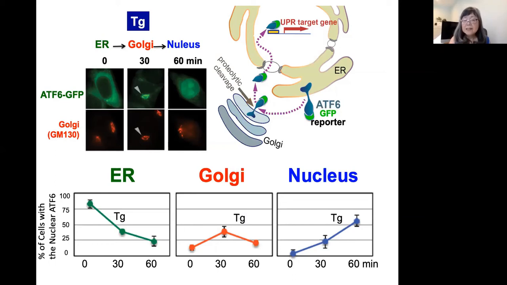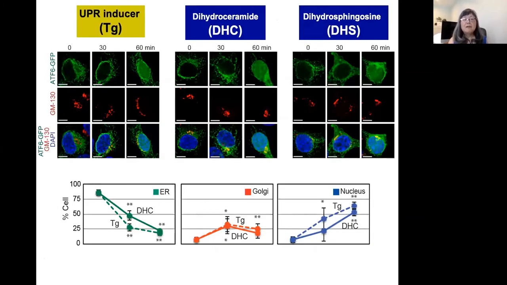So using this, we found that when we exogenously add DHS or DHC to mimic the increase caused by ER stress, this reporter accumulated in the nucleus at an extent and with kinetics very similar to either DTT or thapsigargin. So this was exciting to us that, well, maybe this is doing something.